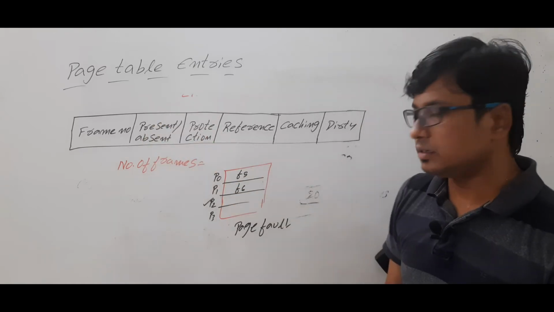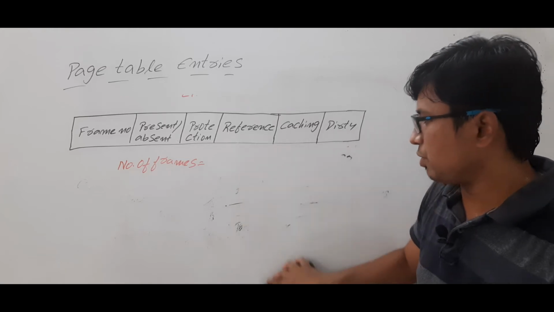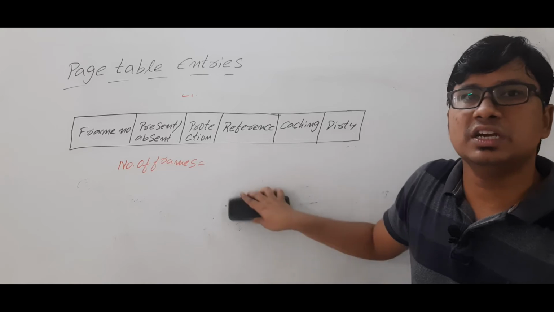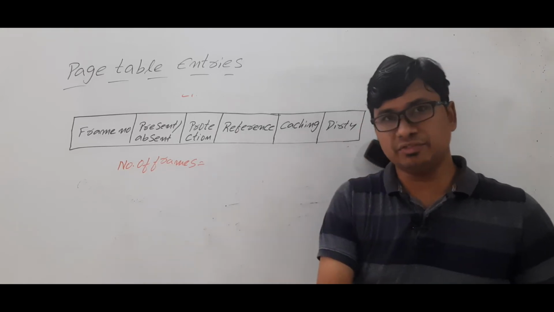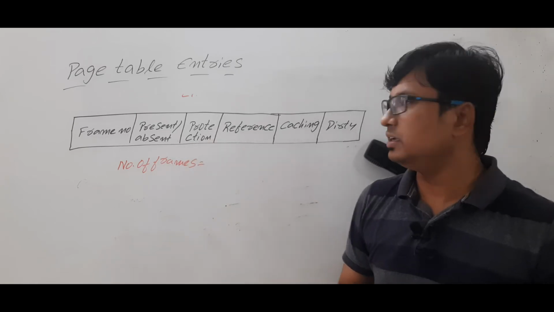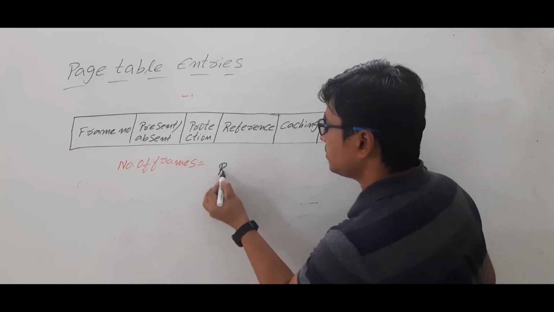Now protection. A particular page will have the information because a process will have the information. So the process is logically divided into certain pages, and each page will have the information. For that information, if you want to provide protection, then you can provide it. We will have 3 protection bits or 3 permissions.